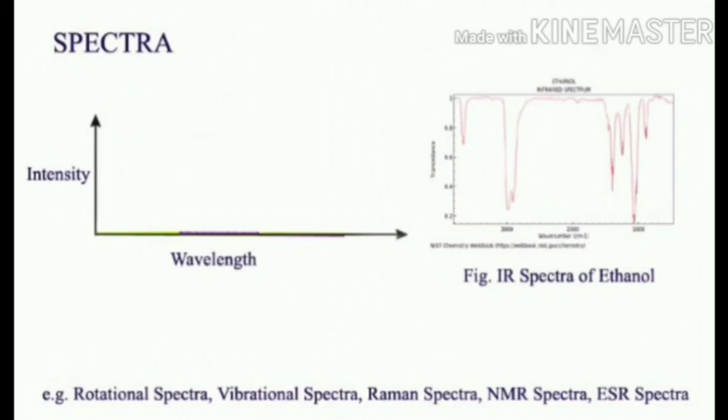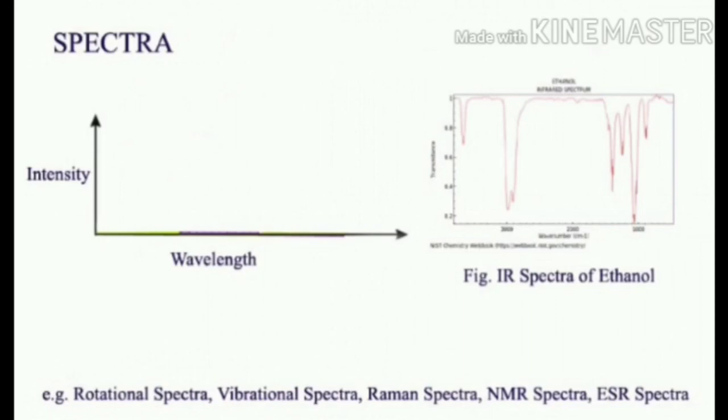And these spectra are named as per the spectroscopic studies carried out. For example, the spectra obtained in nuclear magnetic resonance spectroscopy are called NMR spectra. In the same way, the spectra obtained by infrared spectroscopic studies are called IR spectra, and so on. So we may have different types of spectra like NMR spectra, ESR spectra, IR spectra, Mössbauer spectra, and so on.